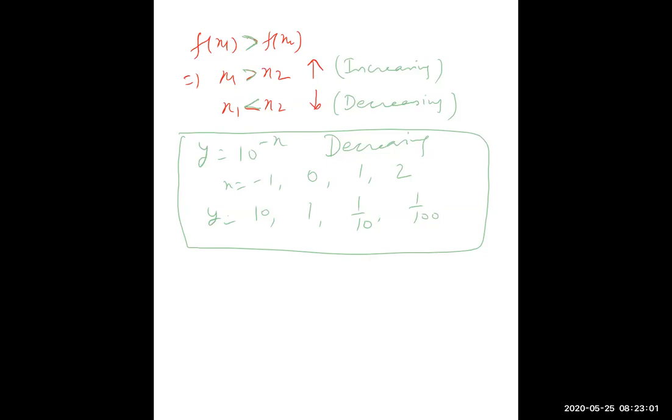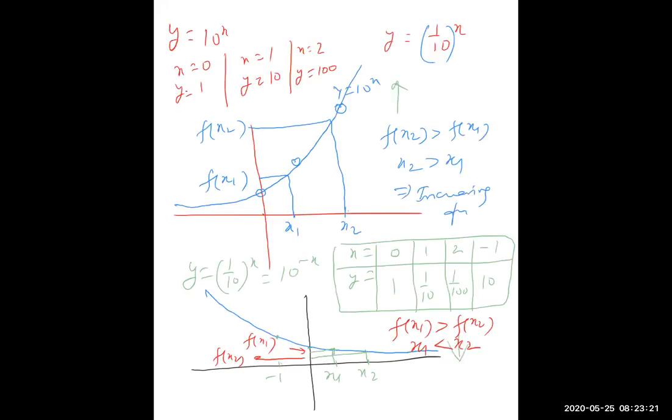Shall I clean all this? This is not required actually now. Just the idea must be there: there are some decreasing functions, some increasing functions. So see, what is the application of this that I'm going to explain?